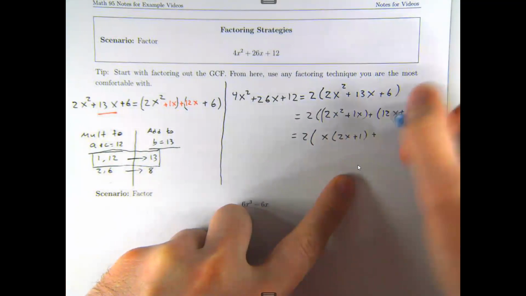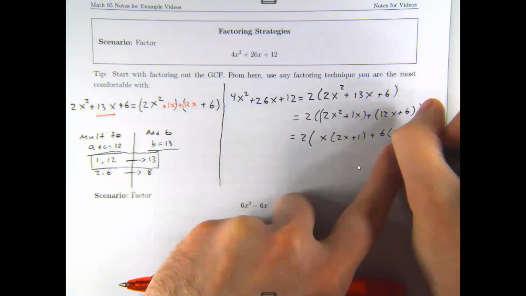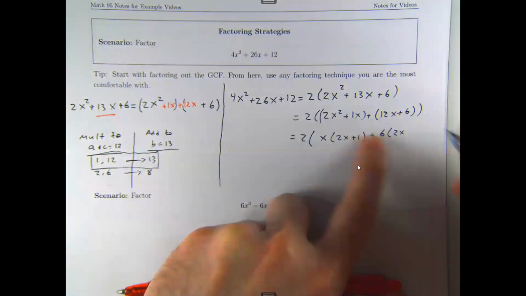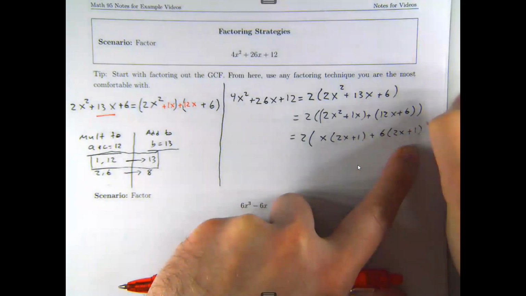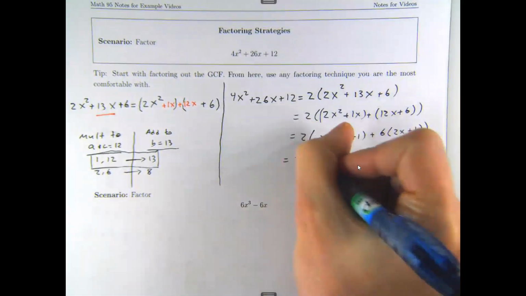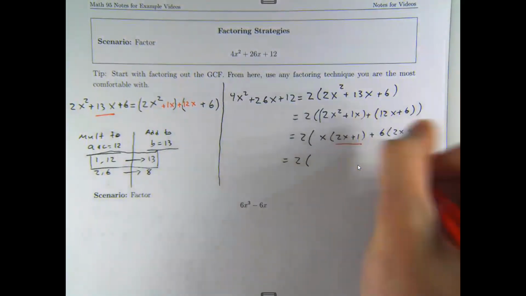12 and 6, that has the number 6 in common. 6 times 2x gives me the 12x. 6 times 1 would give me a 6. When I factor with the AC method, I'm always going to end up with a shared factor.